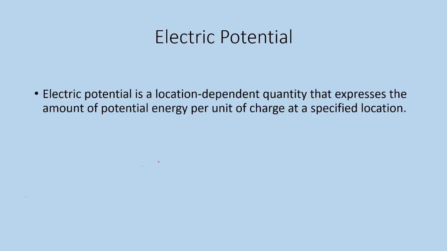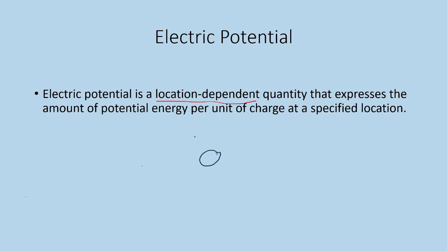Electric potential is location dependent, so it depends on the location. It is a quantity that expresses the amount of potential energy per unit of charge at a specific location. So electric potential depends on the position in the electric field.